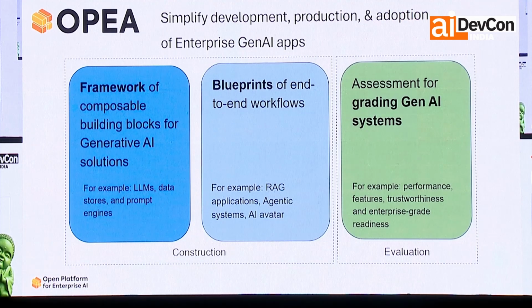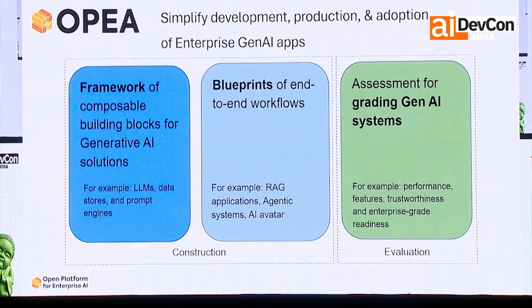The first phase is called the construction phase. The framework of composable building blocks comes in. What does it mean? Very simple. It provides you modular, reusable components that can be combined to build GenAI solutions. So what are the examples here that we can pick? LLMs, the core AI models for text understanding and generation, come as part of it. The data stores, specialized databases for storing and managing AI data like embeddings or enterprise datasets.